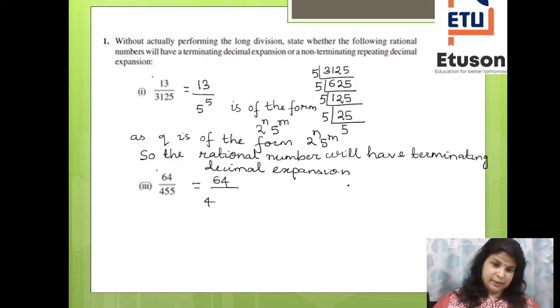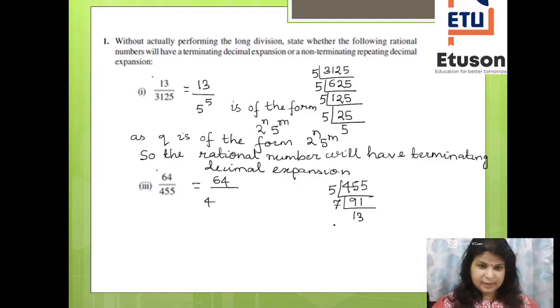So let us find out the prime factors of 455. It is divisible by 5, as we can see. Then here comes 91, then 91 divided by 7 you get 13. So you are getting here 5 into 7 into 13.